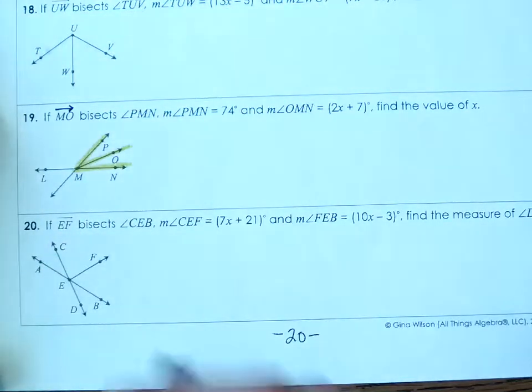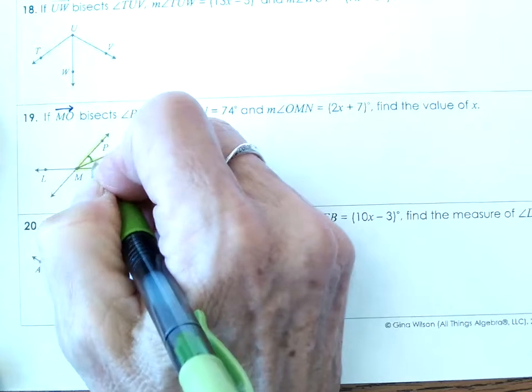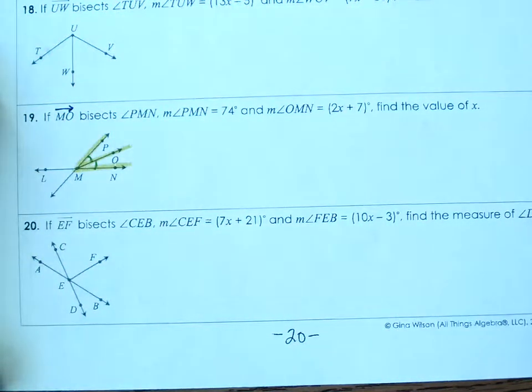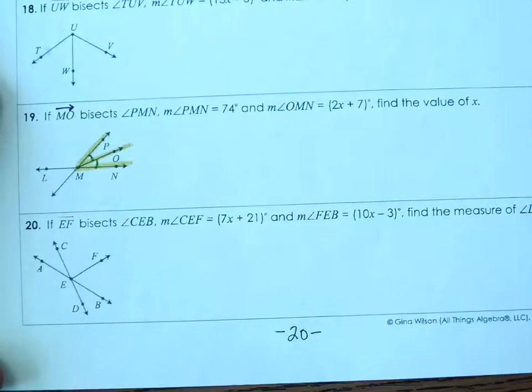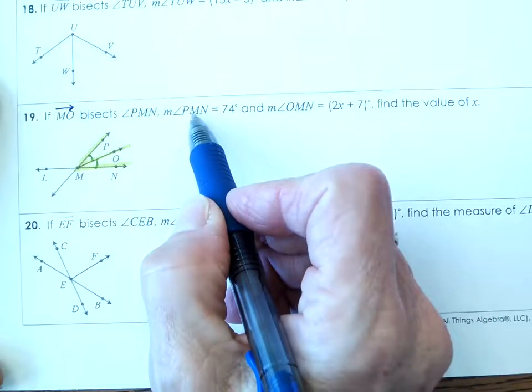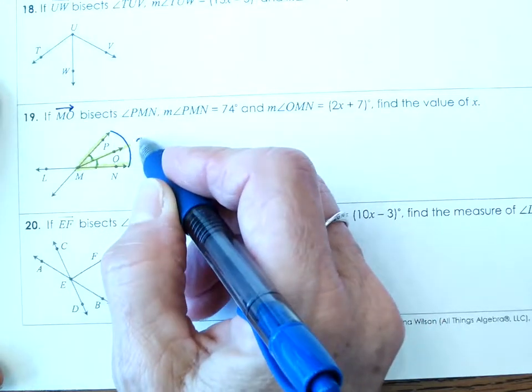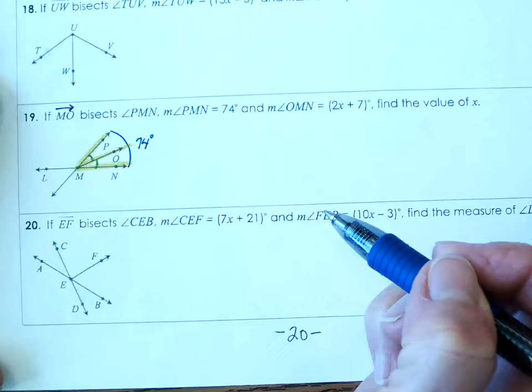If we have it bisected, we can put the little arc marks here because we know that bisecting cuts a segment or an angle into two congruent parts. Then we're told that angle PMN, this whole thing, is 74 degrees.